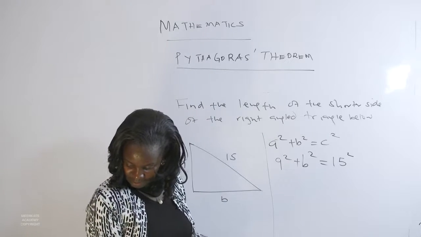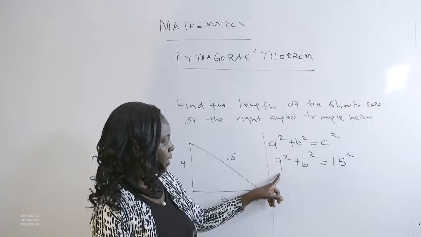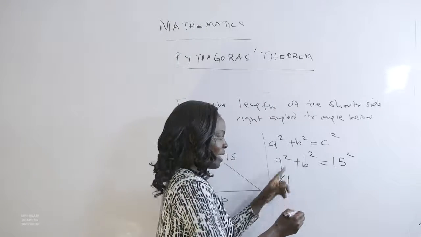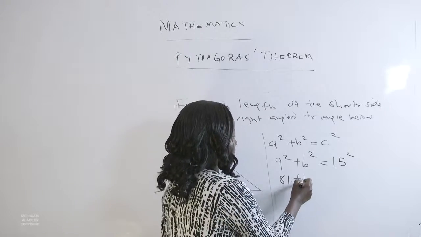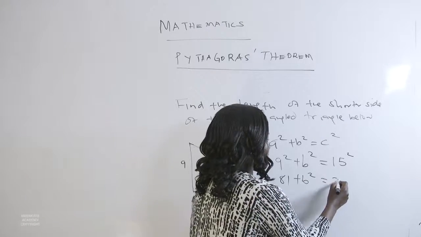So if we calculate B, 9 squared is 81, plus B squared, 15 squared, that is 225.